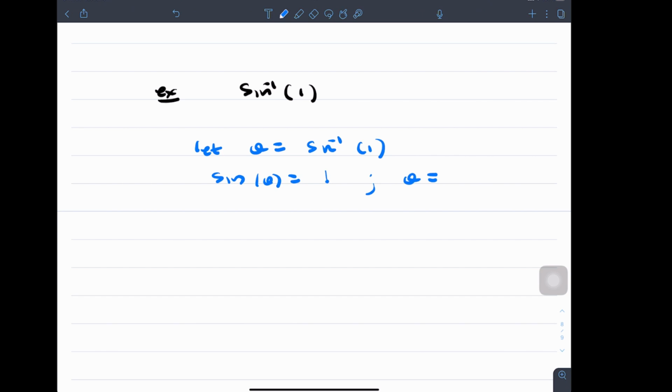What do you guys think theta would be? When is sine 1? Pi over 2. That's it.